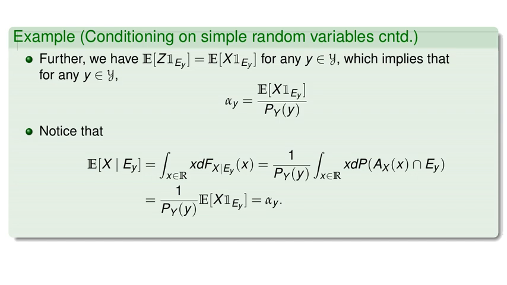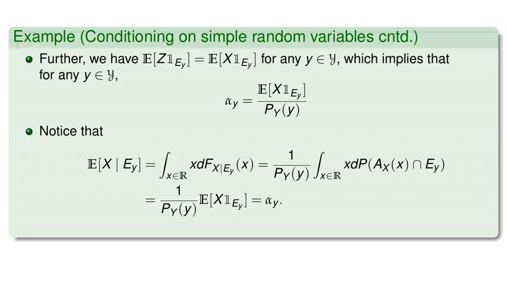Notice that this value alpha sub y is precisely the conditional expectation of x given the event E sub y that we defined earlier using conditional distributions. Recall, expectation of x given E sub y is the integral of x dF sub x given E sub y of x.